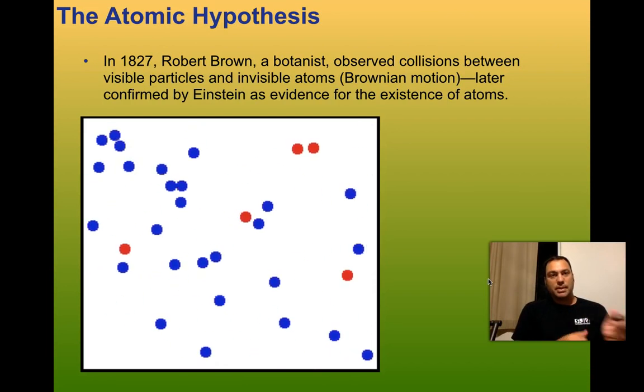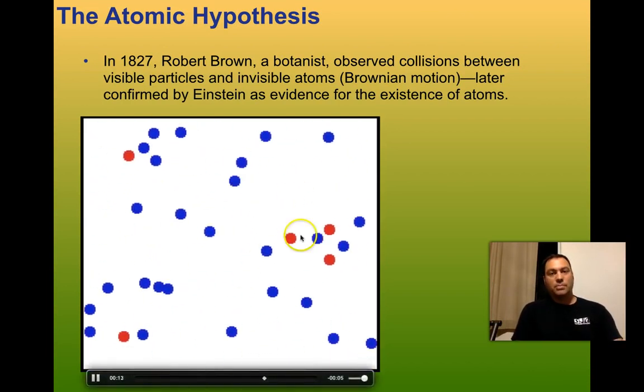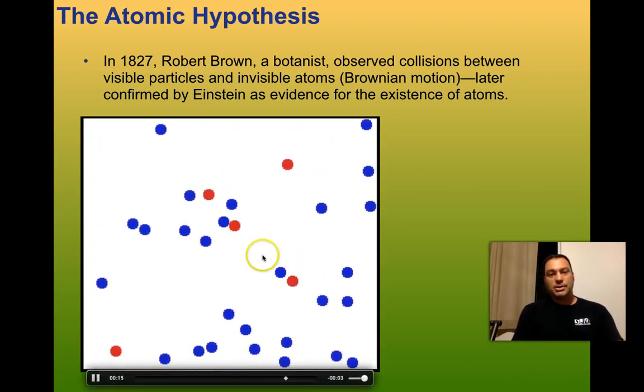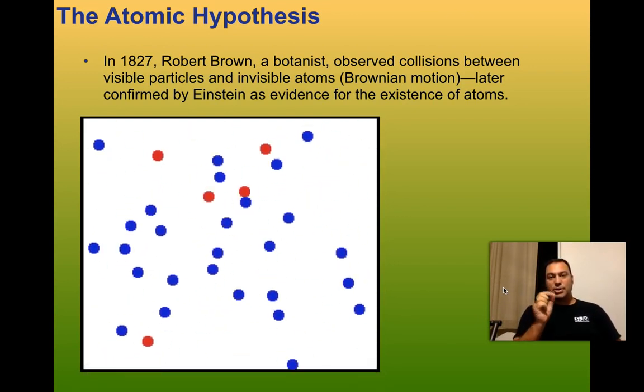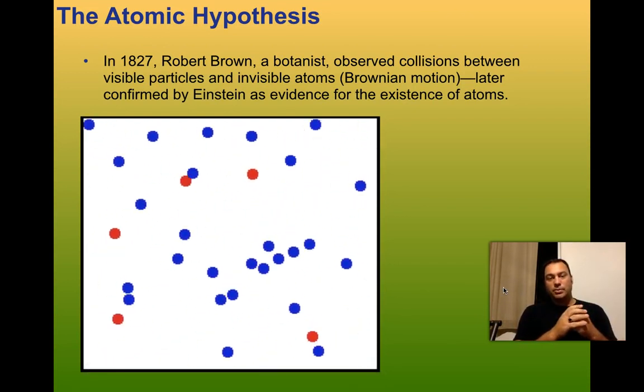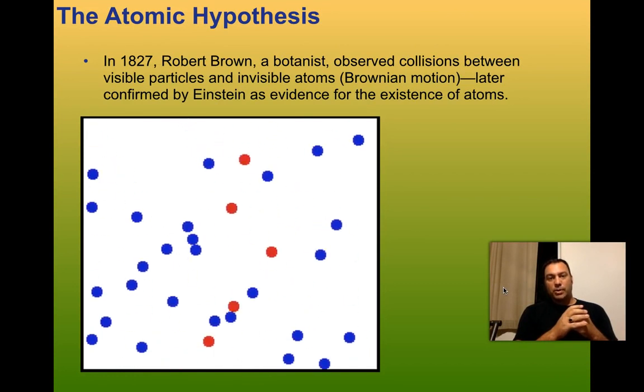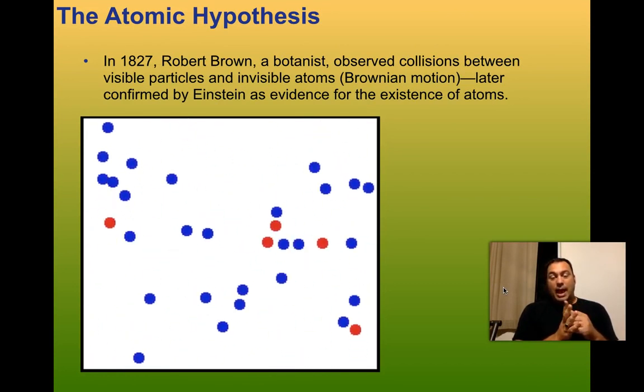This is the same thing that Robert Brown was observing in his petri dishes, and the same thing you're observing when you see those dust particles. What's making the dust particles move around and change directions in your living room on that nice, lazy Sunday morning is that they're hitting atoms in the air.